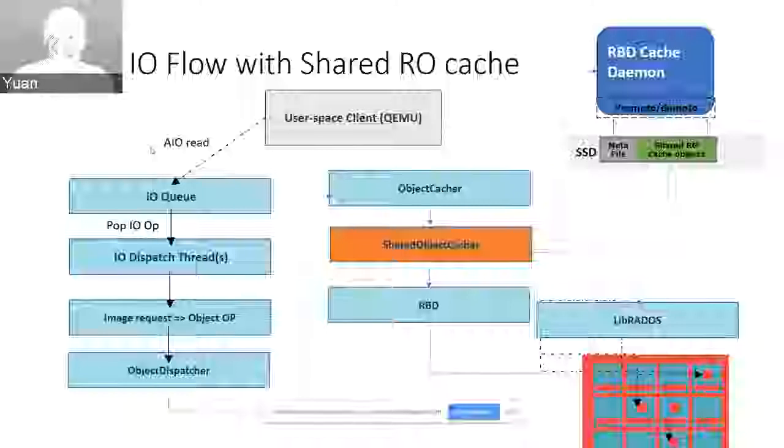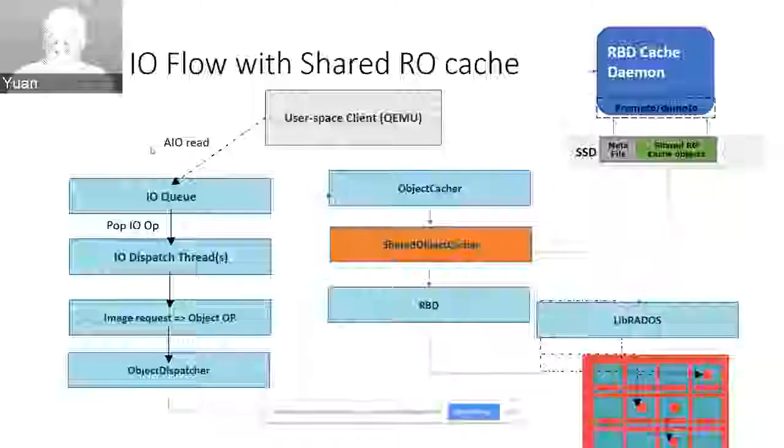We have a shared object cache dispatcher here, which can redirect the read request to our cache daemon. Basically, it just looks up in the cache daemon first, and if there's a cache hit, it will just read from the local caching objects.